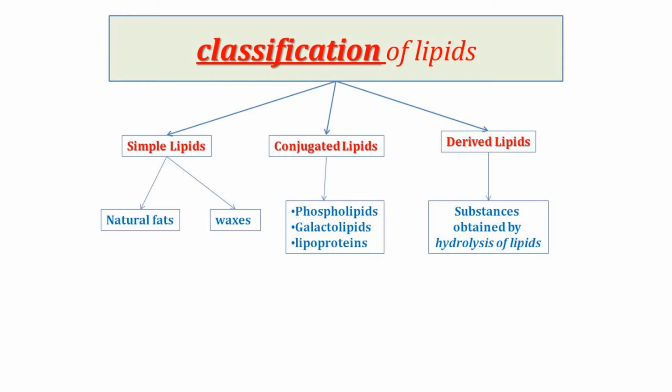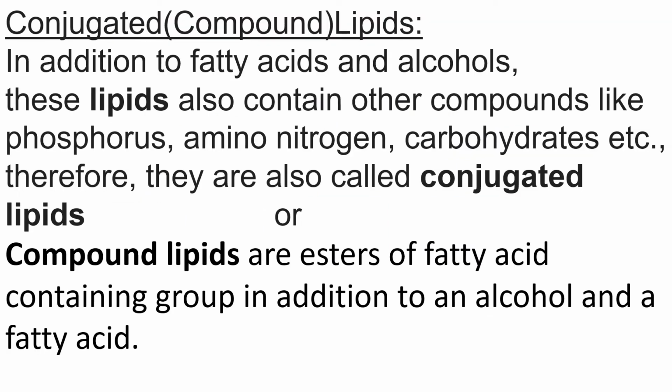We have been through this classification of lipids. They were classified into three major classes: simple, conjugated, and derived. And you can see conjugated lipids includes phospholipids, galactolipids, and lipoprotein. Now, conjugated lipids are also called compound lipids.